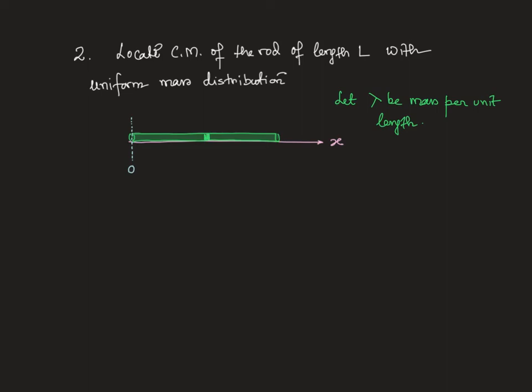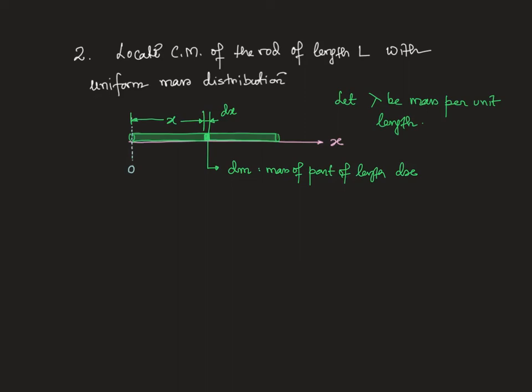So now we'll choose the small mass in the following way. At a distance x, we'll choose a length dx, and dm is the mass of the part of length dx.